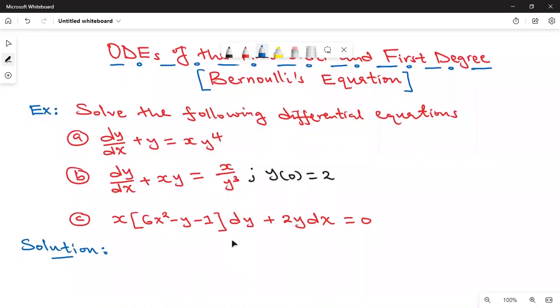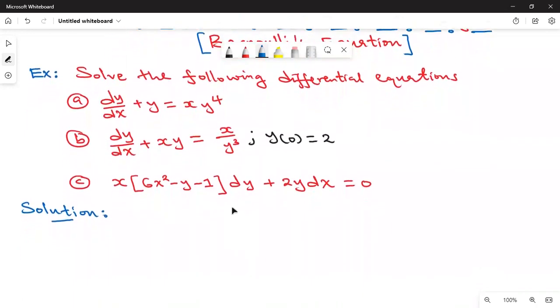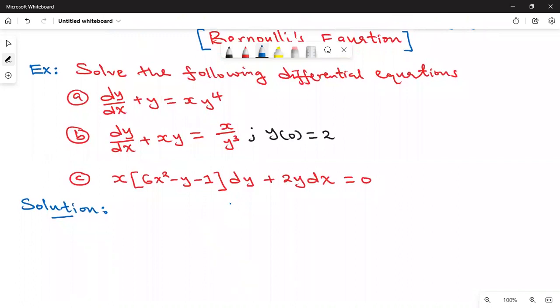Now, before we look at how to solve each of the equations, let me give you the general form of a Bernoulli's equation of the first order and first degree. You can write a note that in general, a Bernoulli's ODE of the first order and the first degree takes the form dy over dx plus p of x times y is equal to q of x times y raised to n, where n is not equal to 0 and also n is not equal to 1.